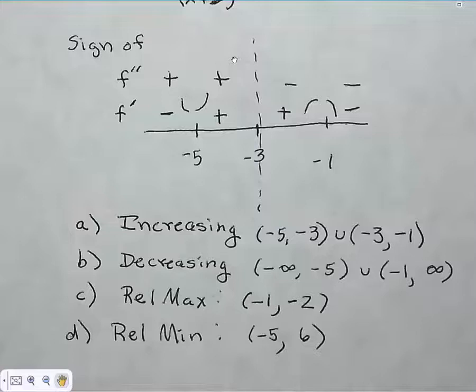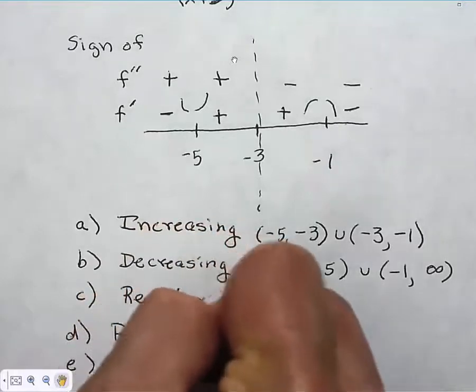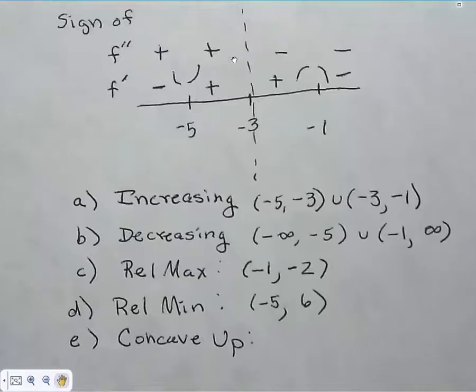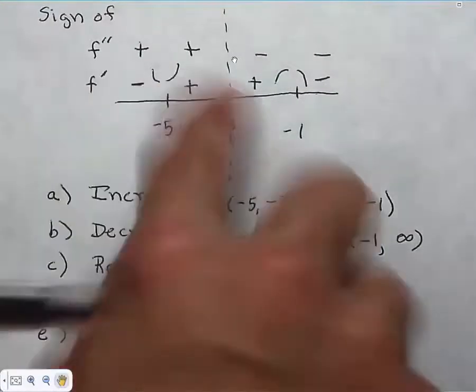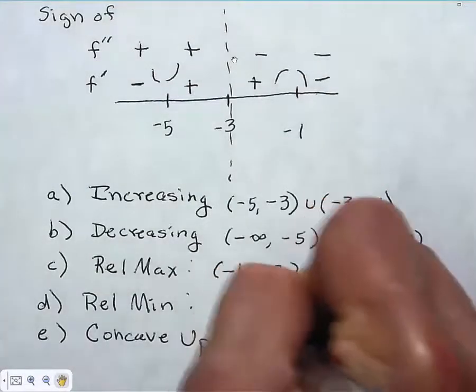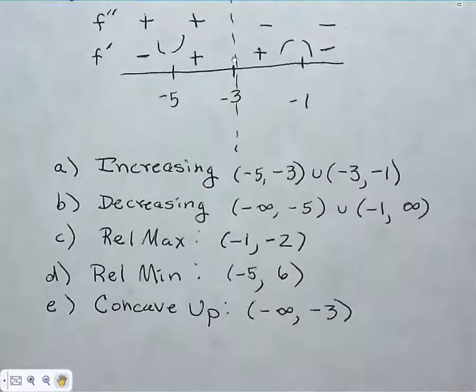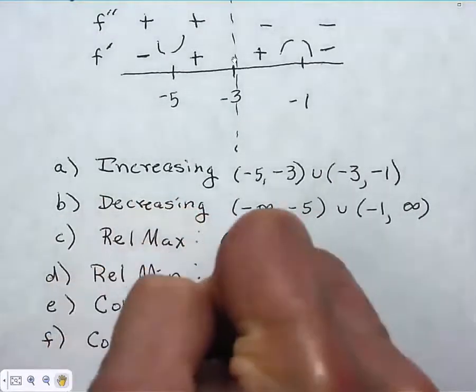All right, E part is concave up. Where's the function concave up? Wherever second derivative is positive, negative infinity up to negative 3. Where's the function concave down?